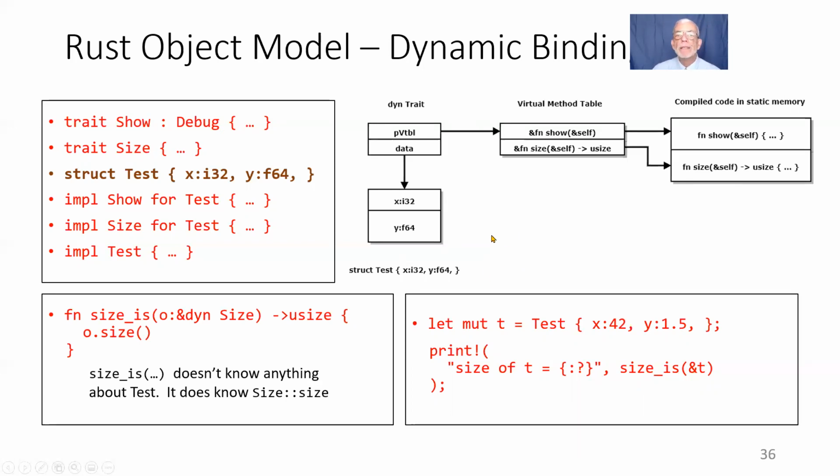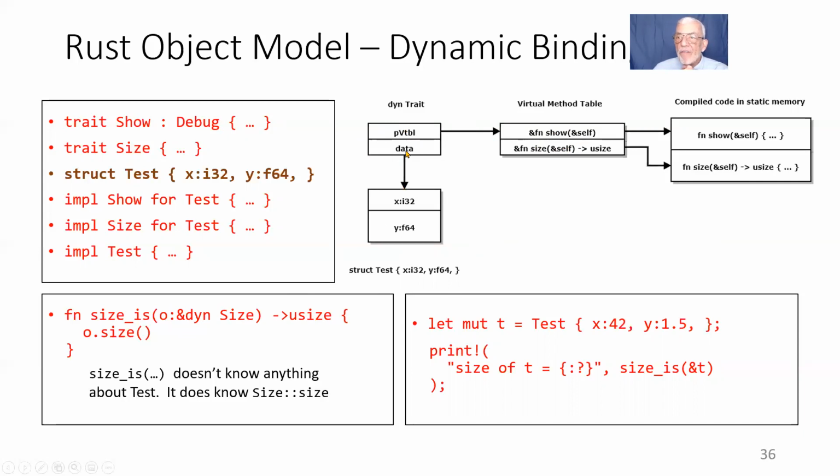And so how does that work? Well, this dyn really is a little data structure that has a pointer to a virtual method table, just like C++'s virtual function pointer tables. But now it's the trait.